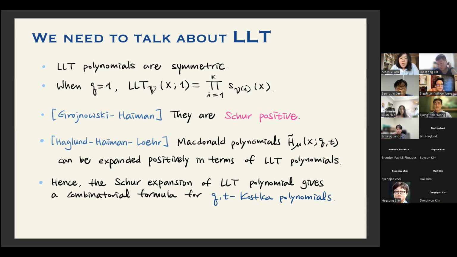So if you know how to compute the Schur coefficients of LLT polynomials, then they will give automatically the information of the q,t-Kostka polynomials, which are the Schur coefficients of Macdonald polynomials. So in this sense, that's also an important question. But also, I'm not going to consider the Schur expansion of LLT polynomials, but I'm going to consider the Hall-Littlewood expansion of LLT polynomials. But I'm just saying that LLTs are important.